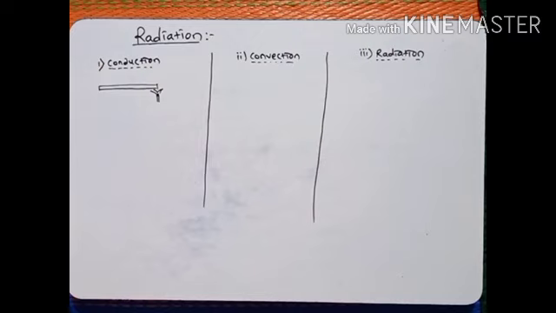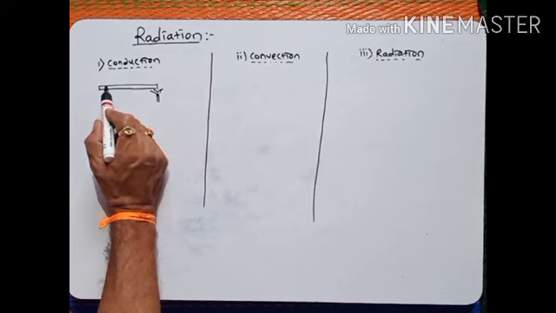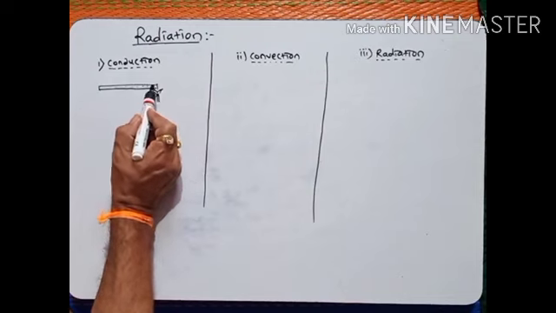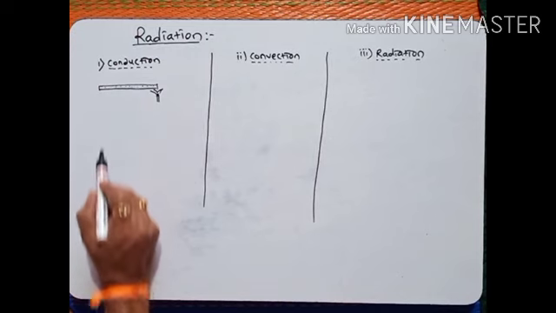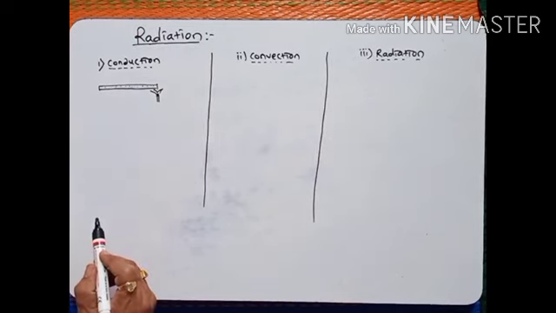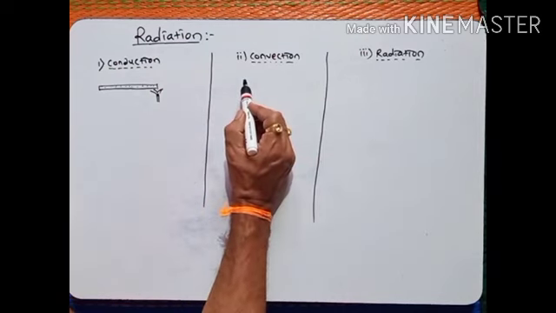Metals are good conductors of heat and electricity. This transfer of heat energy from one place to another, without actual displacement of the particles, in metals or conductors, we call conduction.